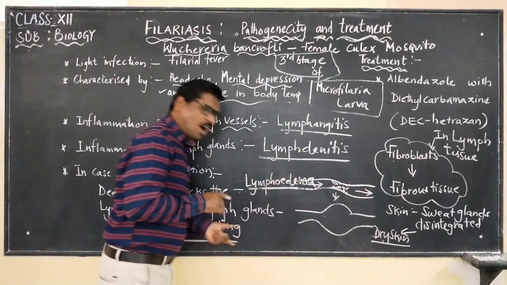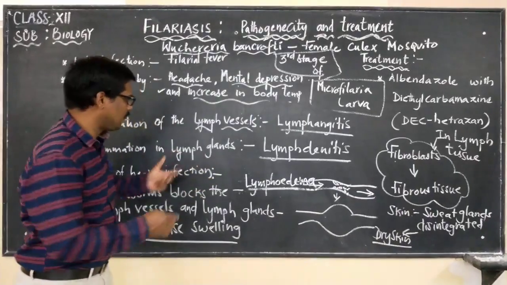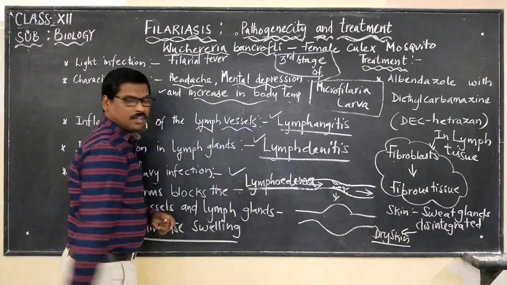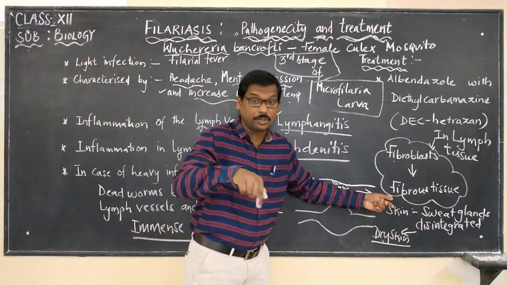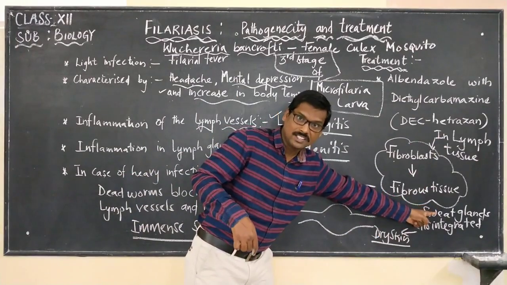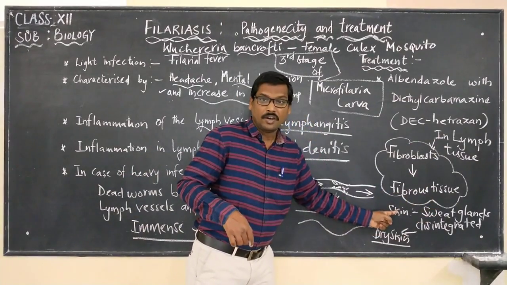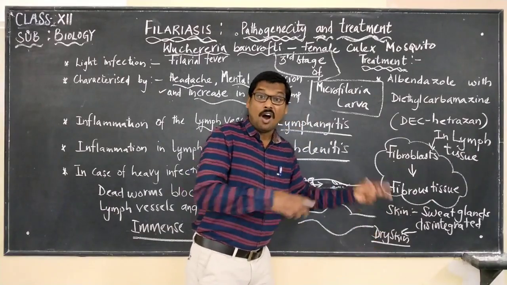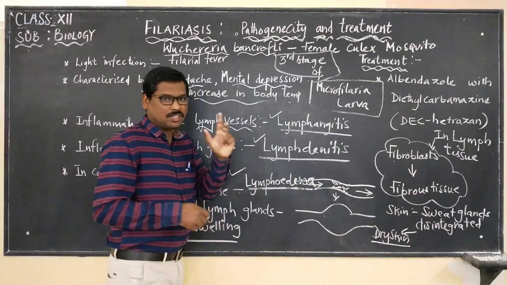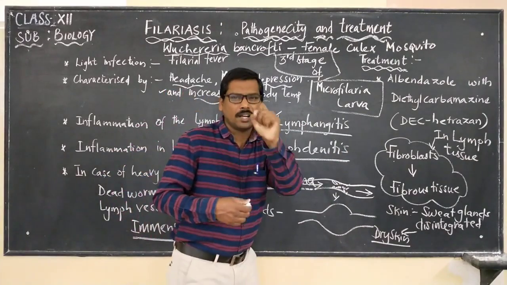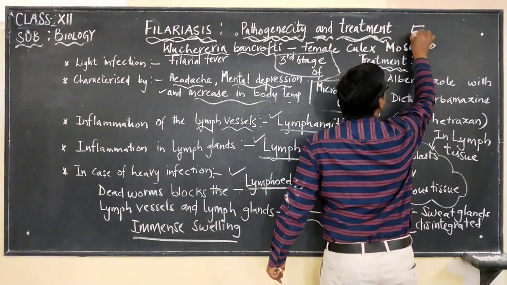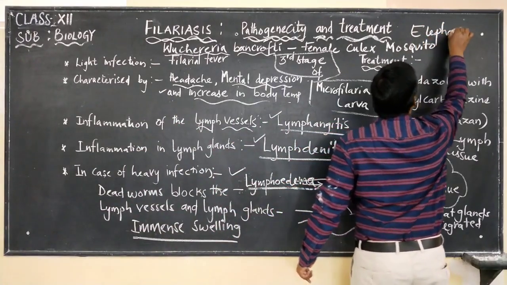So with all these signs and symptoms, the lymphangitis, lymphoedema, formation of fibrous tissue in the lymph tissue, and disintegration of sweat glands in the skin causing dry skin, these are the main signs to say that the individual is suffering with elephantiasis.